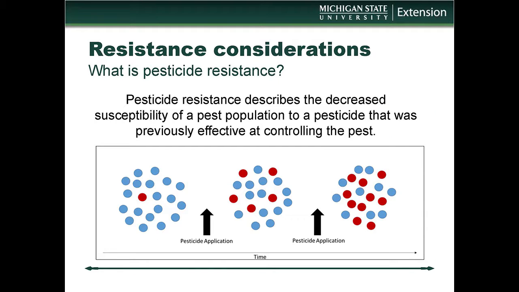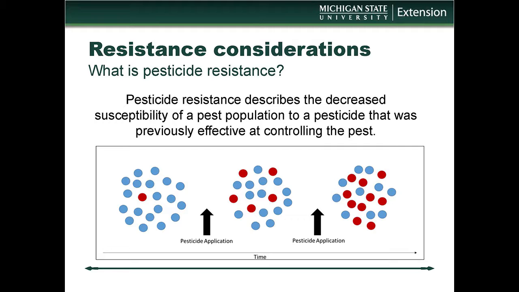Pesticide resistance, so, you know, as a young industry, we have a real chance here to kind of do things right in terms of pesticide resistance to stave that off, especially for downy mildew management. Pesticide resistance describes the decreased susceptibility of a pest to a pesticide that used to be effective at controlling that pest. So what happens during the development of resistance is, so say over here, this whole grouping are all the insects we have in a field, all the Japanese beetle.